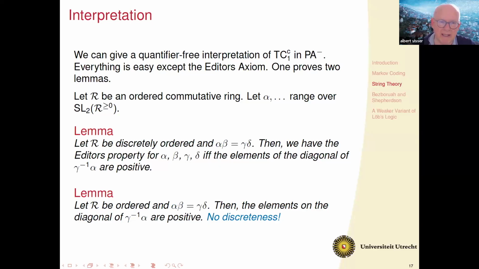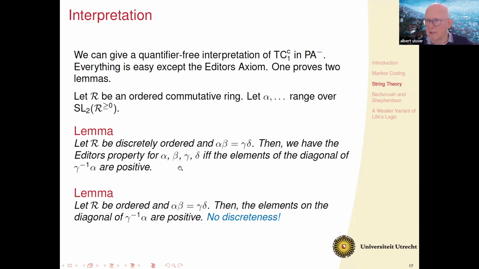But what is very easy? If everybody sits down, they can do this, right? Suppose that you have a discretely ordered ring, and suppose that you have this. Then you have this editor's property, the property that's codified in the axiom, if and only if the elements of the diagonal of gamma minus 1 alpha are positive.